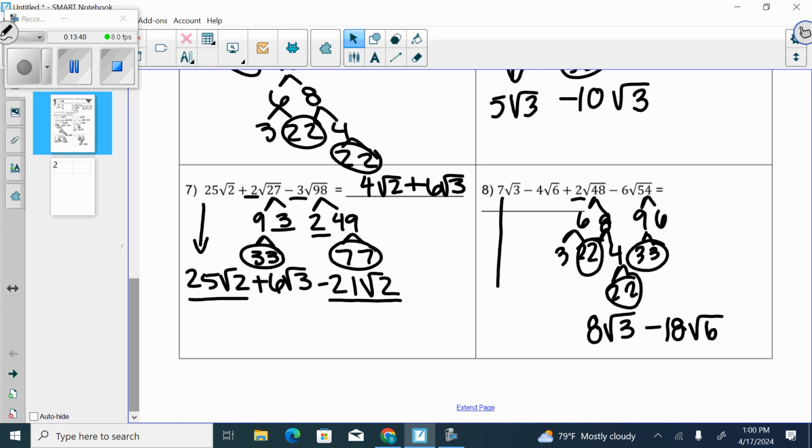Alright, now I'm just going to bring down these first two as they were. We're not changing anything about them. So I got 7 square root of 3 minus 4 square root of 6. And it was plus this next one, right? Okay, so 7 square root of 3 and 8 square root of 3. What is it, Camden? 15. But 15 square root of 3.